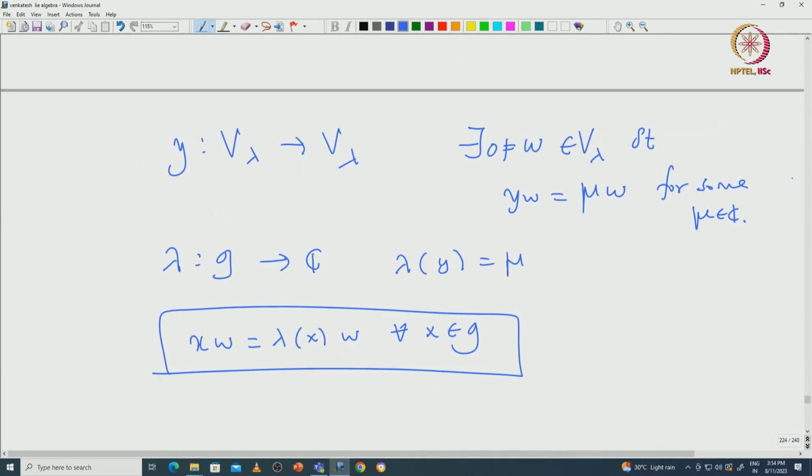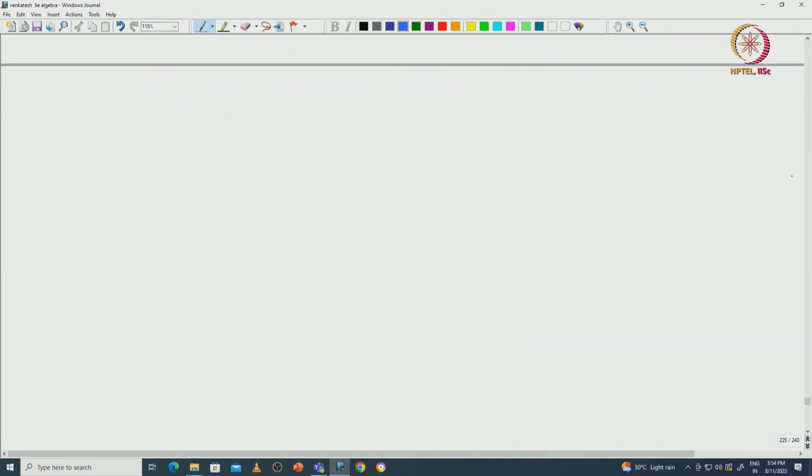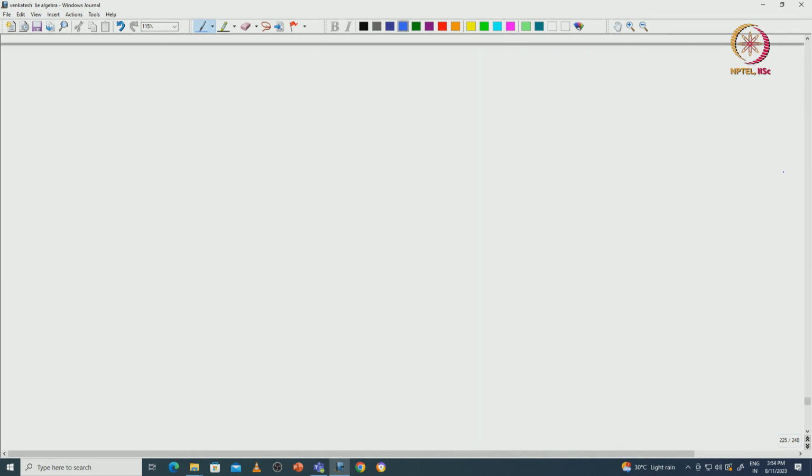So, now as before what one can do, we can take that vector, C w, and call that subspace U. So, this is actually a G invariant subspace. Then what you can do, you can go modulo that U. So, then naturally G will act on this, or you can look at the image of G inside this GL of V modulo U. Okay.